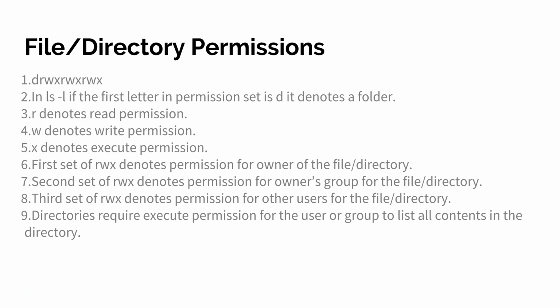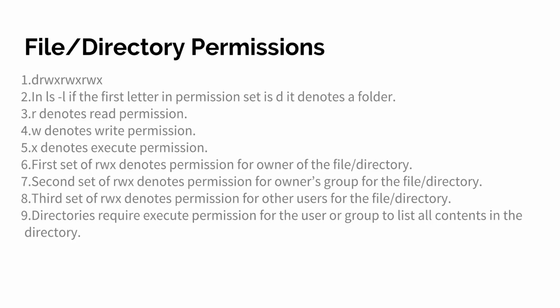If you type ls -l and the first letter of the permissions is d, it's a folder. And rwx means read, write, execute. As you can see, we have that in 3 sets, so that means there are 3 different groups which require permissions.